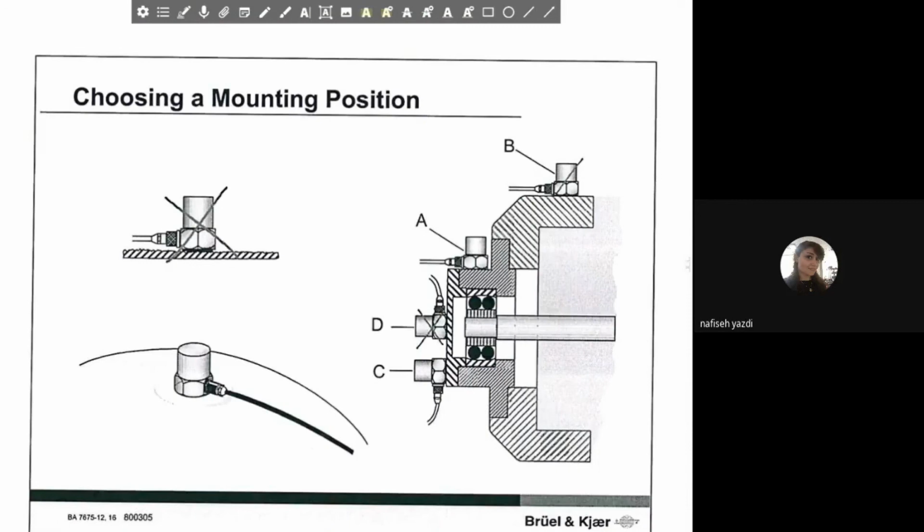They are not at the same point, of course, but the transfer function between the shaft and bearing and position A is practically a rigid one, as it is when referring to C. That's the reason why positions A and C are the useful ones. The others bring a lot of noise into your measurement.